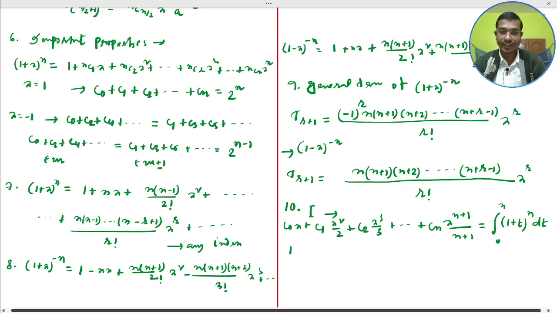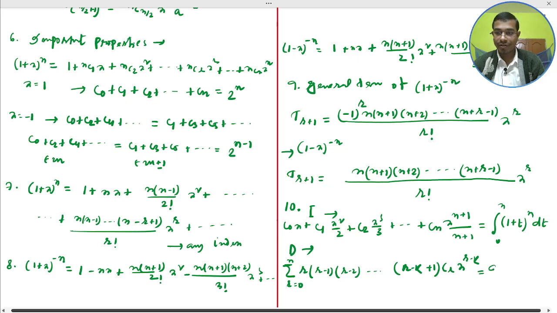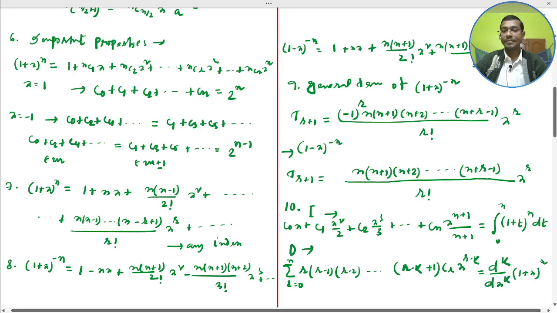Next one, for differentiation: the summation for r from 0 to n of r(r-1)(r-2)...(r-k+1) Cr x^(r-k) is equal to d^k/dx^k of (1 + x)^n.